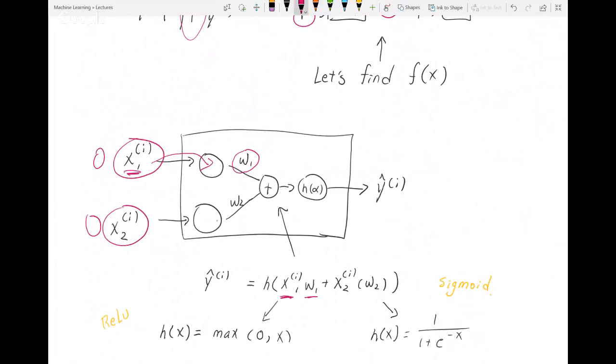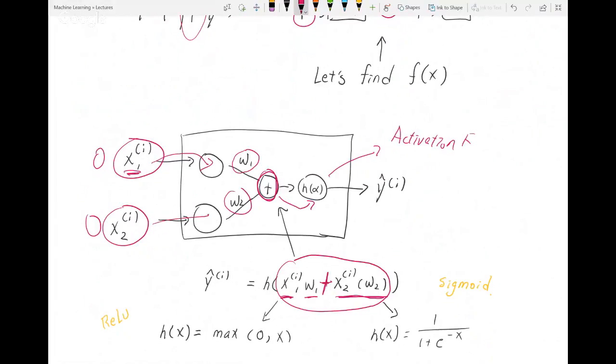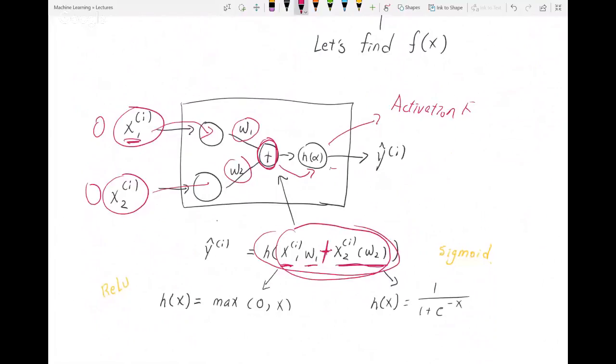Then we put this part in and multiply by w2, which is right here. Then you add them together, and this whole thing is put through some function, which we call the activation function. This activation function then gives you the output here.